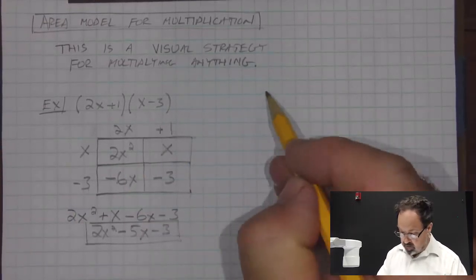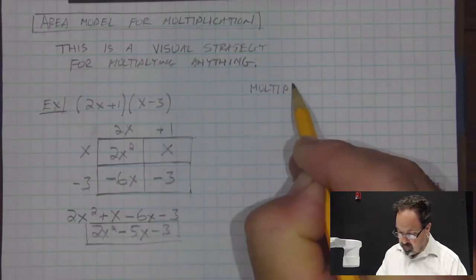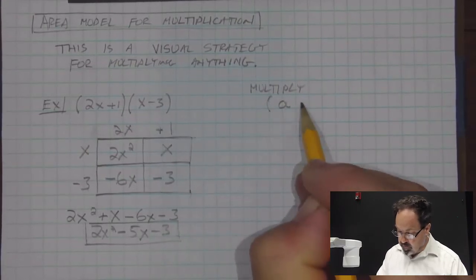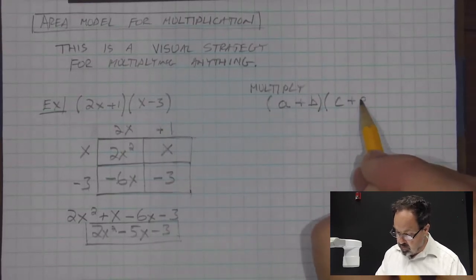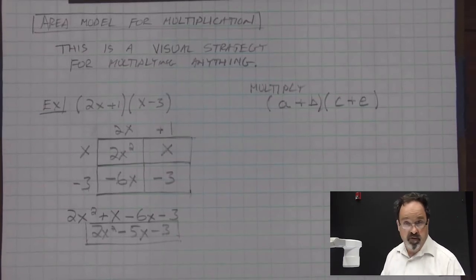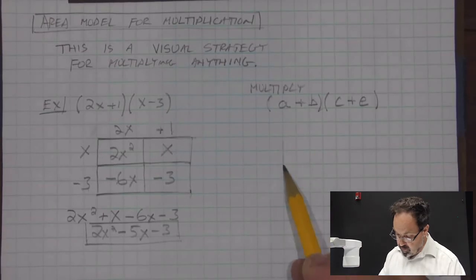I'm going to do this again, but it's going to be more abstract. I'm going to multiply two expressions, but in this case it's just going to be variables or letters that can stand for more complicated expressions. A plus B times C plus E. And just as before, I start my model with a rectangle.